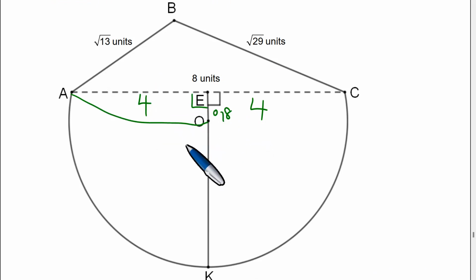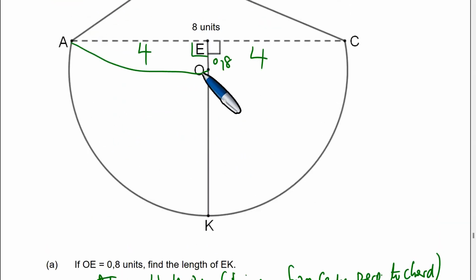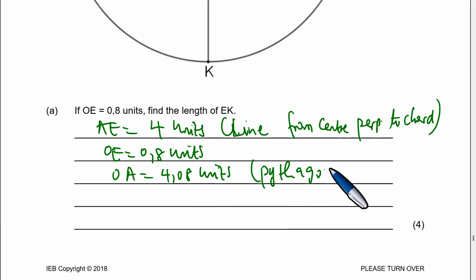So if you use Pythagoras theorem, you'll be able to see that OA is equal to 4.08 units. It's just by using Pythagoras theorem.